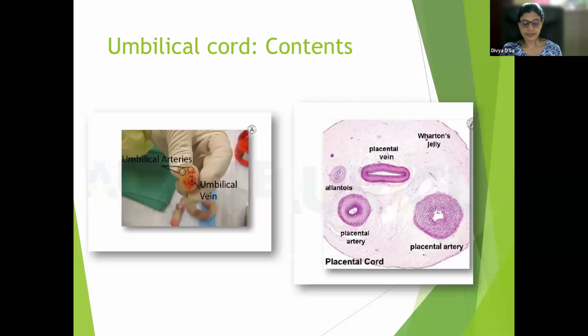So what are the contents here? The umbilical cord will contain mainly embryonic connective tissue, which is like a gelatinous substance, known as Wharton's jelly. This Wharton's jelly protects the umbilical blood vessels. Other than that, there are two umbilical arteries and one umbilical vein.